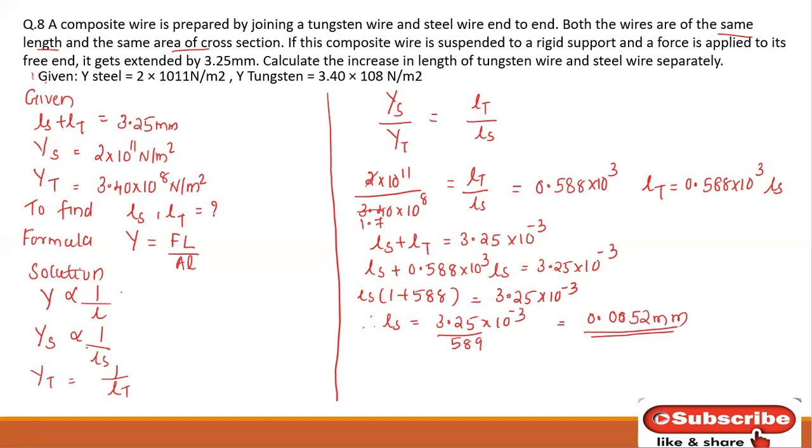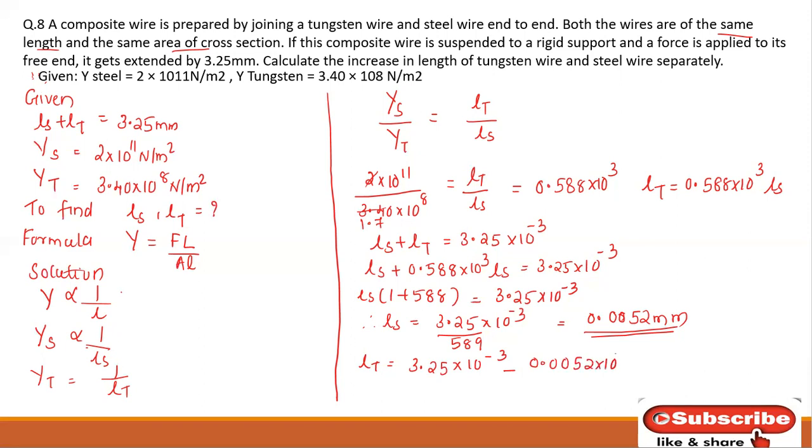If we know the value of LS, LT is 0.588 into 10 raised to 3 into LS. On substituting this, we will get it, or we can substitute in this equation also. LS plus LT is equal to 3.25 into 10 raised to minus 3. So LT is equal to 3.25 into 10 raised to minus 3 minus LS, that is 3.25 into 10 raised to minus 3 minus 0.0052 millimeter.